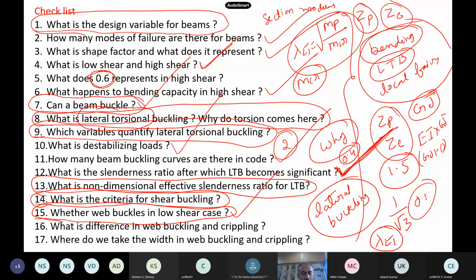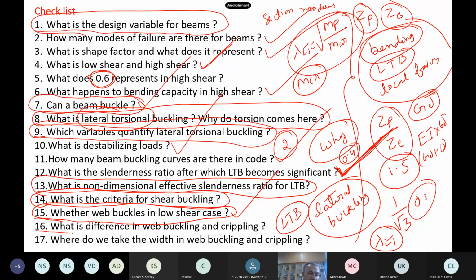No, as per the code, it is not required. But if lateral torsional buckling is also there, the beam already has LTB. Although it may be low shear, you have to check as a good designer. But as far as this course is concerned, if it doesn't satisfy D by T 67, you are not required to do this.